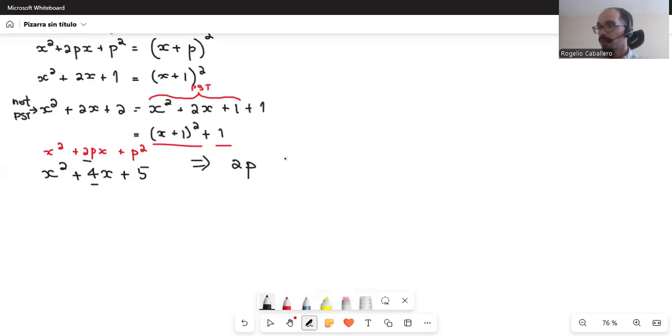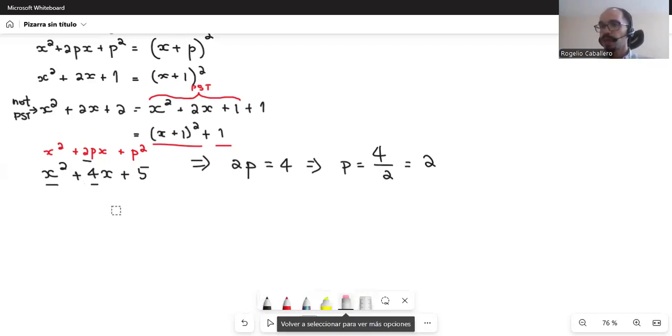And of course that gives us that p equals 4 halves, which is simply 2. So that's the value of p that is going to transform these two terms, x squared and 4x, into a PST.